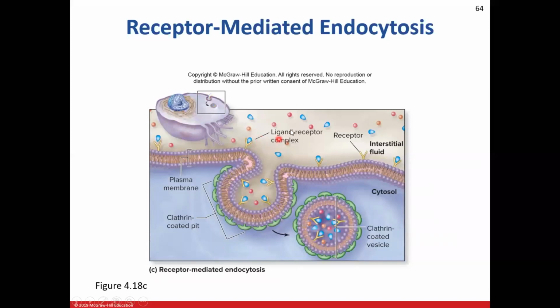Because of that, these substances come in and bind to those particular receptors, and this is how we pull some of these substances in. Again, receptor-mediated endocytosis is very specific. It does the same thing as the other processes: it pinches off the plasma membrane and pulls that substance into the cell. But the biggest factor here is that we have these ligand-receptor complexes that are specific for certain substances.